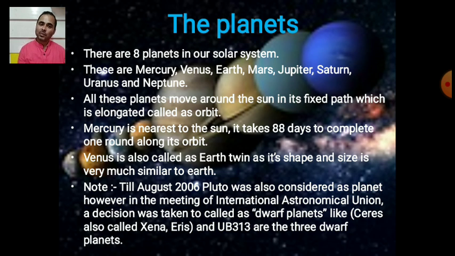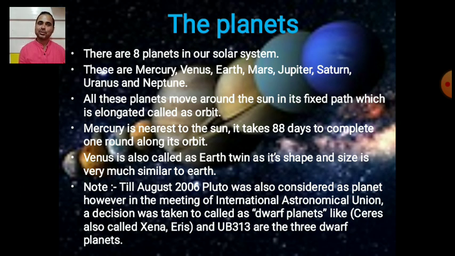And do you know, like Pluto, there are some more bodies which come in the category of dwarf planets. They are Ceres and UB 313. Do you know, UB 313 is also known as Xena or Eris. Correct?